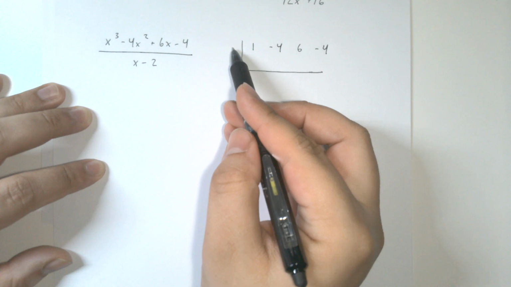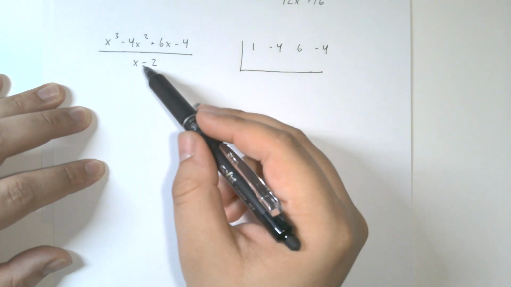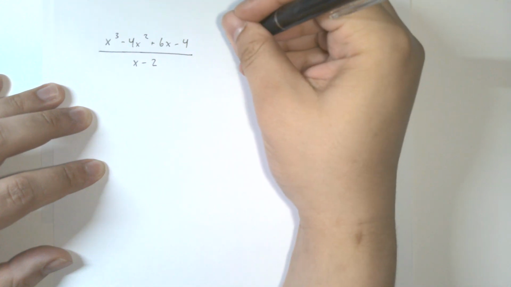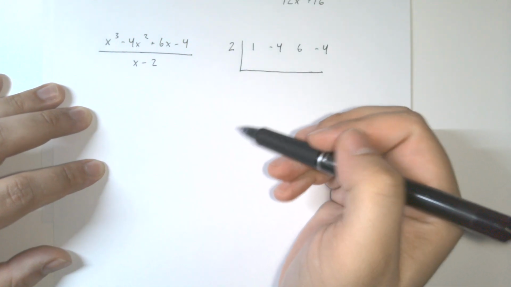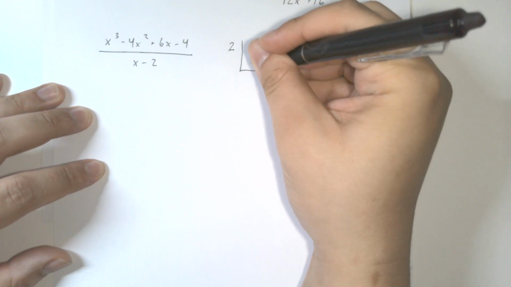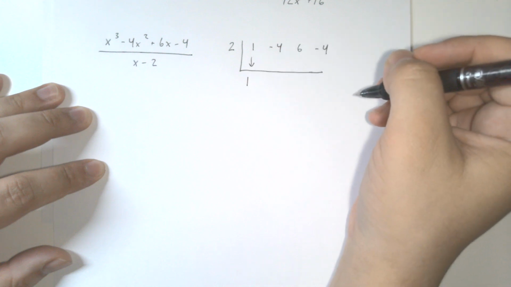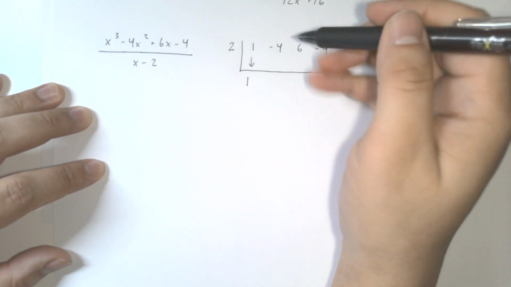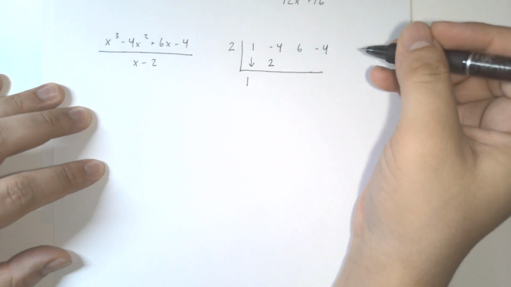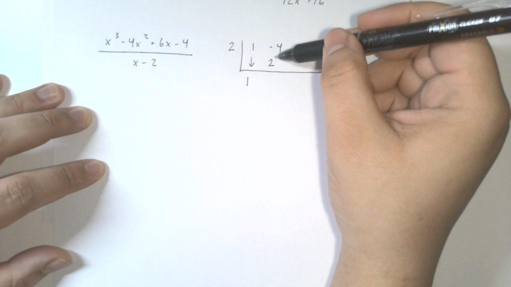We're going to put a number out here, and that's just given by flipping the sign on whatever this number is here. So since this is a -2, we're going to flip that to be a +2. And how we do synthetic division is we bring down whatever this number is, and we have a 1. Then we multiply 2 times 1, and we get 2. Then we add whatever these two numbers are in this column.